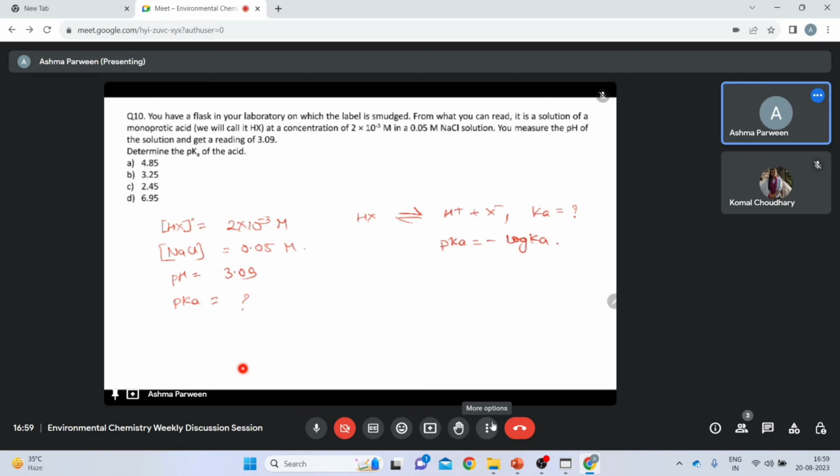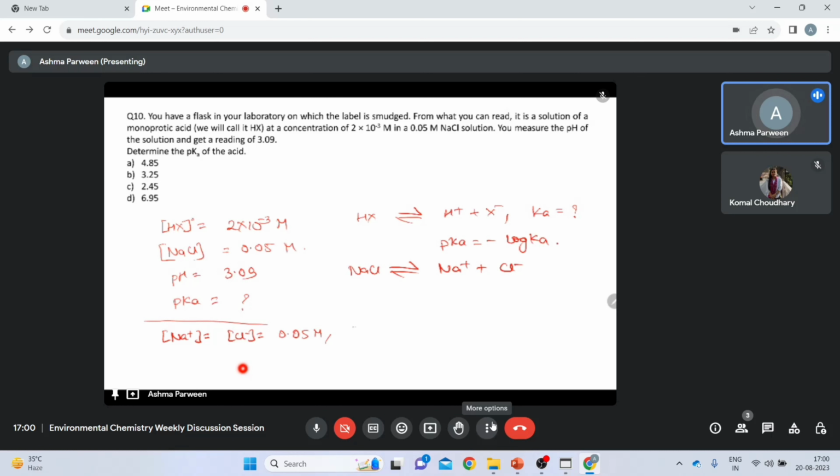And we know pKa is minus log of Ka. So let's see. Each mole of NaCl will give 1 mole of Na plus and 1 mole of Cl minus. So we can write that Na plus concentration equals Cl minus equals initially present in the system 0.05 M, and we will do the component mass balance for HX.